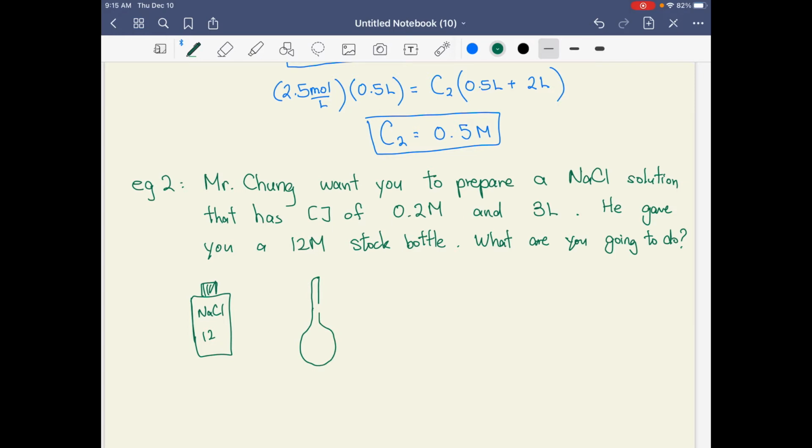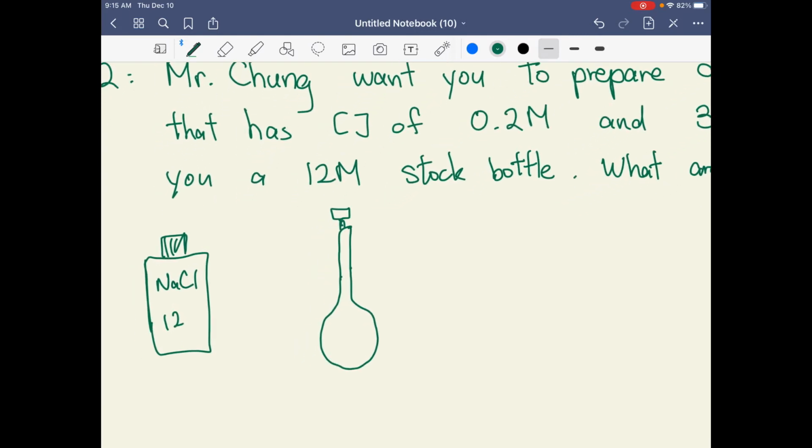Okay, you've probably seen these before. This is called a volumetric flask. These are useful in a sense that they allow you to prepare solution in a very accurate sense, and you'll probably be asked to use something like this. Okay, and this is going to be 0.2 molar, and this is exactly 3 liters.